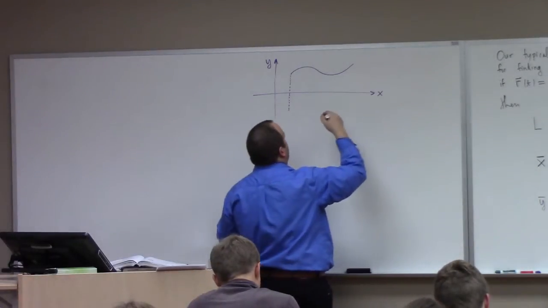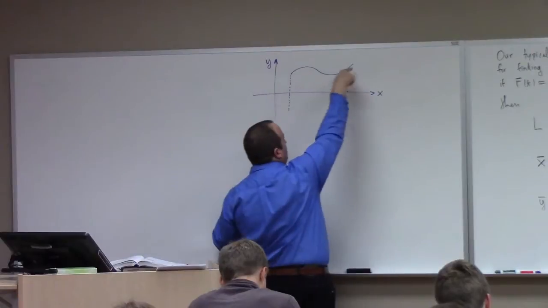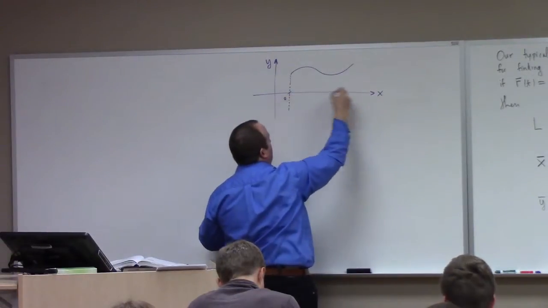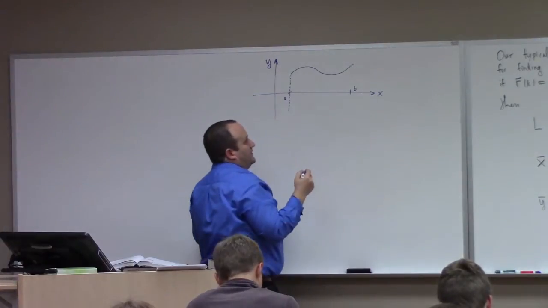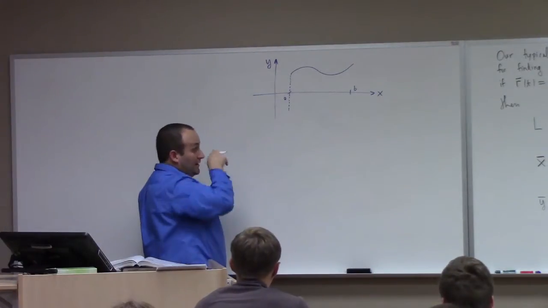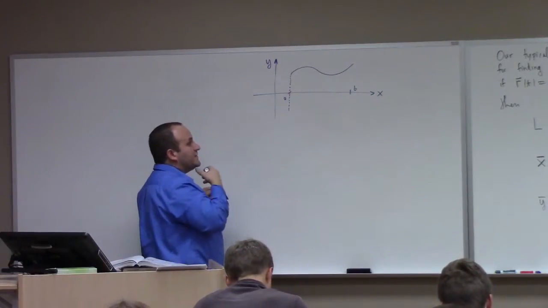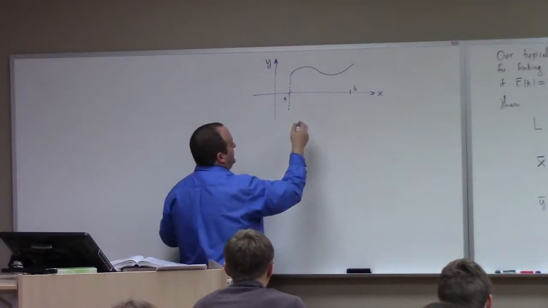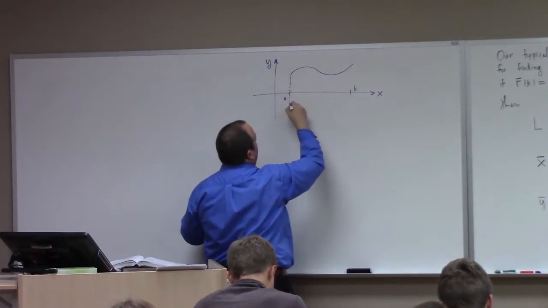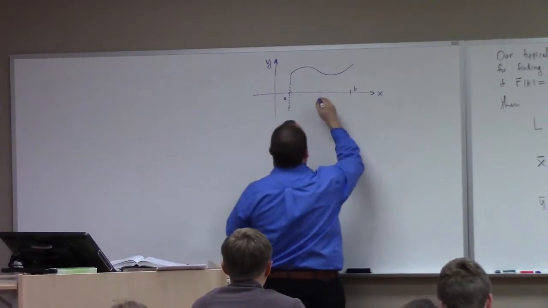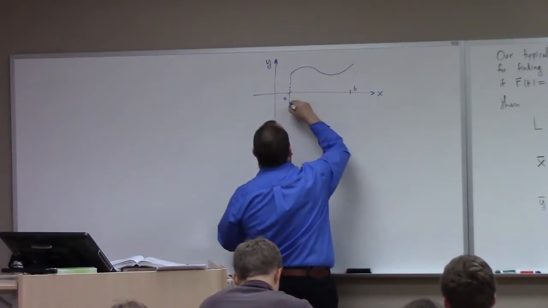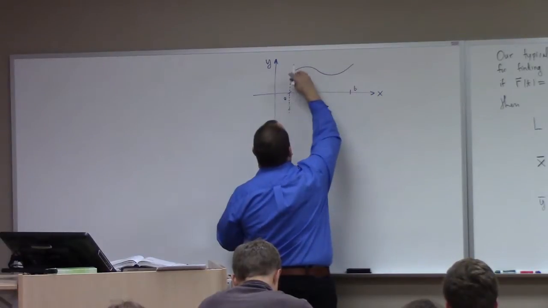So if you revolve this curve, given between x equals a and x equals b, around the x-axis, you get what's called the surface of revolution. So you can kind of imagine, I'll try.